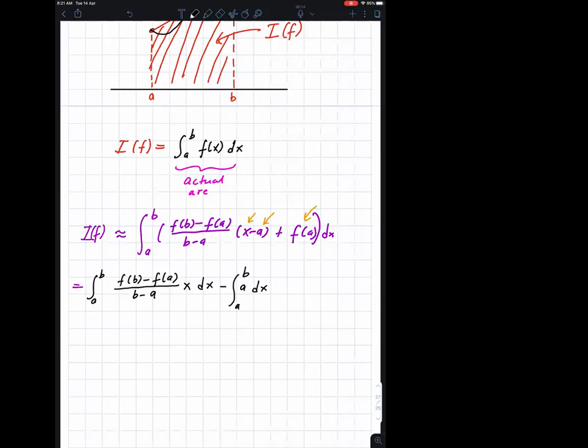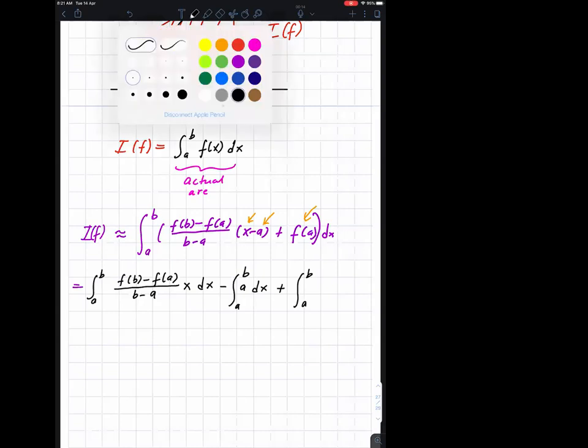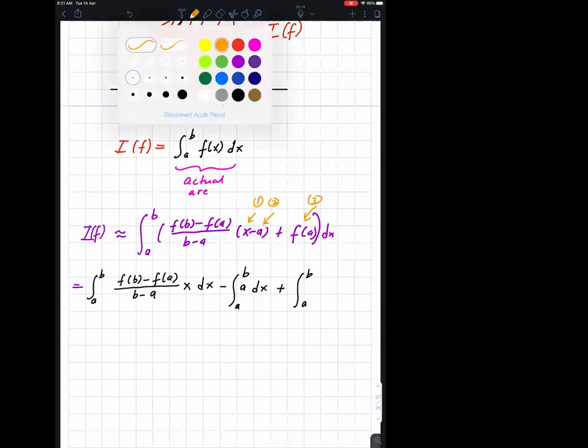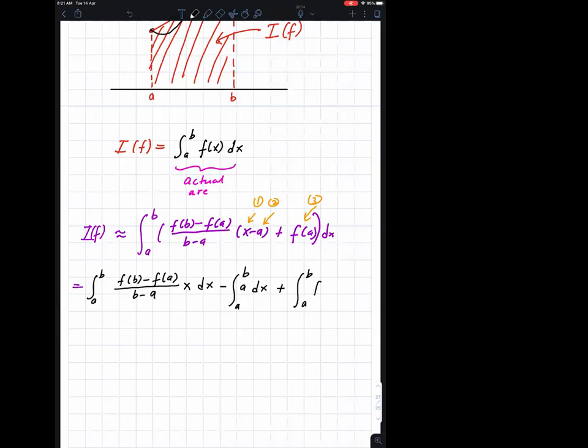Agree? Yes, sir. Any objection? No, sir. So the last integral is the last term, with three terms, 1, 2, 3: f(a) dx. So you go ahead and integrate this.